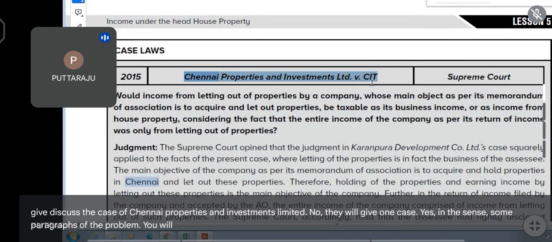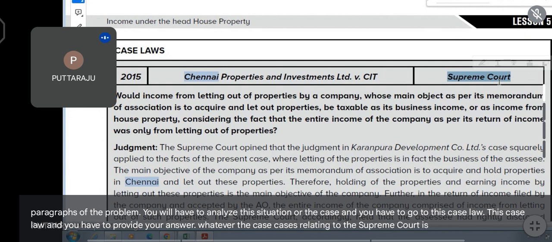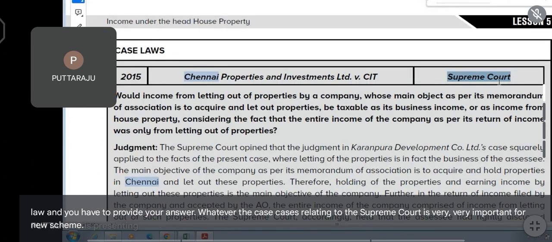You will have to analyze the situation, quote this case law, and provide your answer. Whatever the cases relating to the Supreme Court are very, very important for the new scheme. Why? Because you are expected to write descriptive answers.